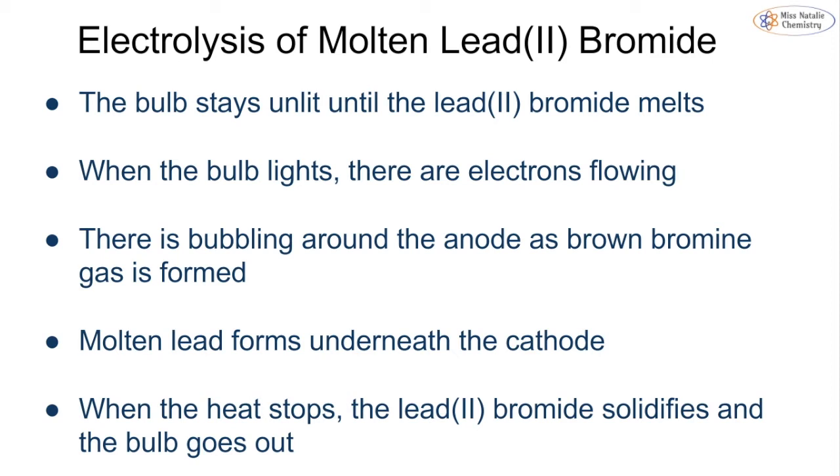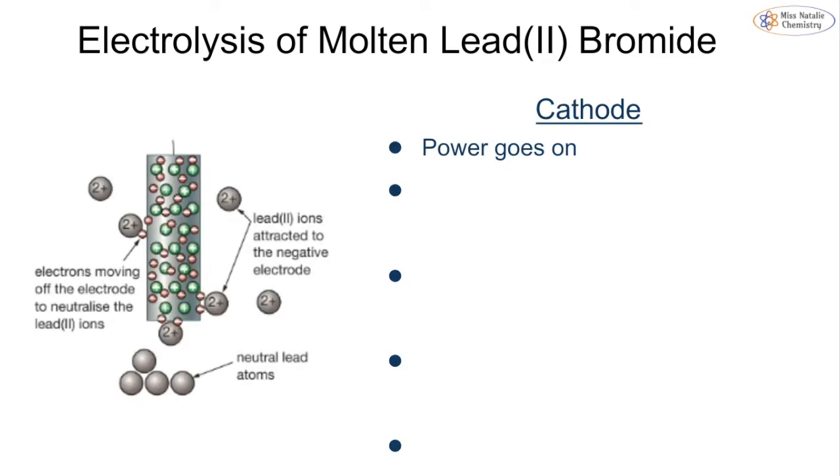When the heat stops, the lead bromide solidifies again, the bulb goes out, and the reaction stops. But what we have to be able to do is go into more detail and say what is actually happening at the cathode and what is actually happening at the anode, and we can even use equations to help us with this. So we're going to start off by looking at the cathode.